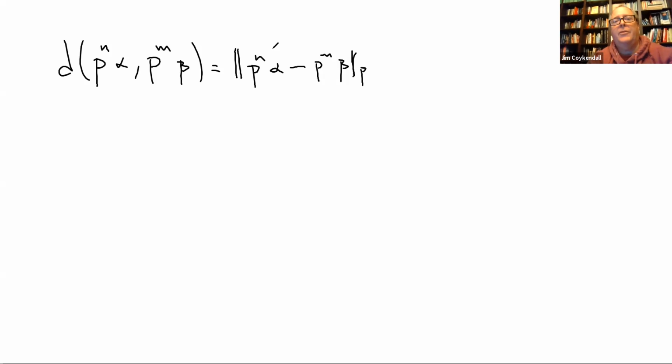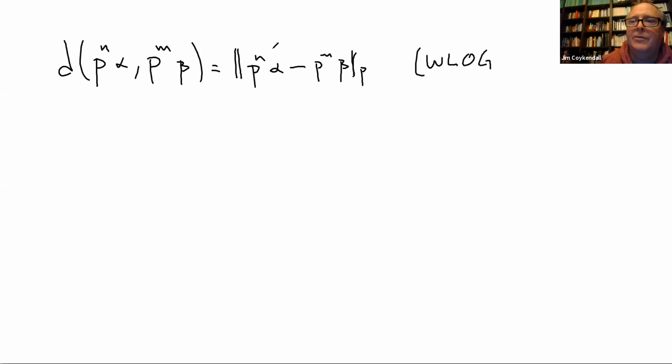Now notice that when is this zero? Well, it's zero if and only if I get a zero inside the bars here, right? Because otherwise, if this is anything else, then you get basically a power of p to the negative n. So we'll assume without loss of generality here, for computational purposes, that n is less than or equal to m.